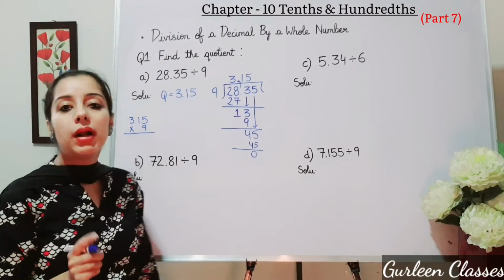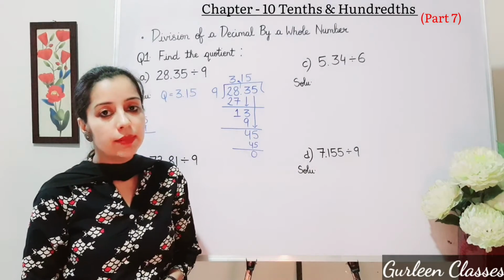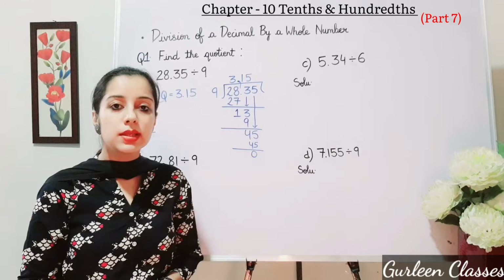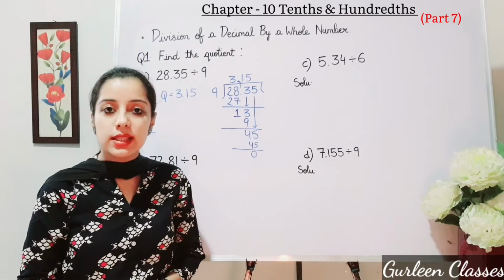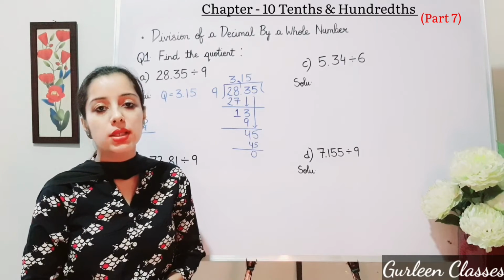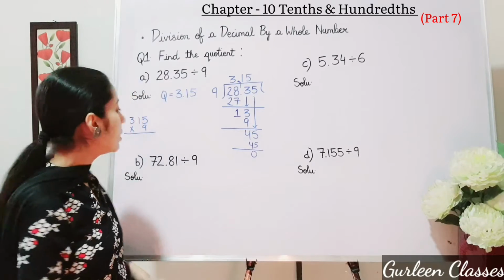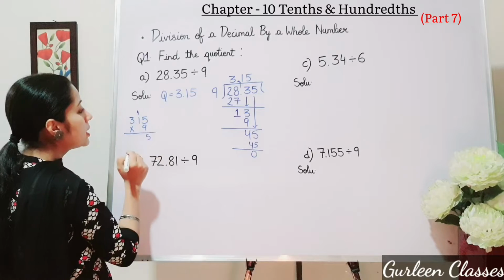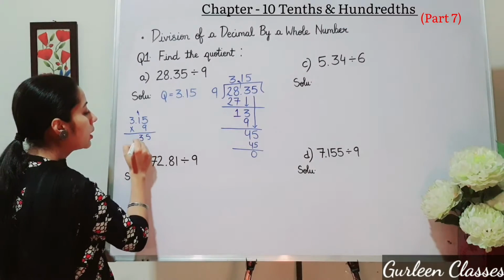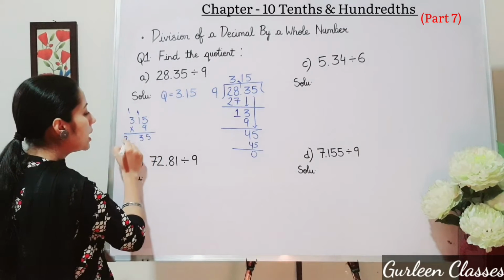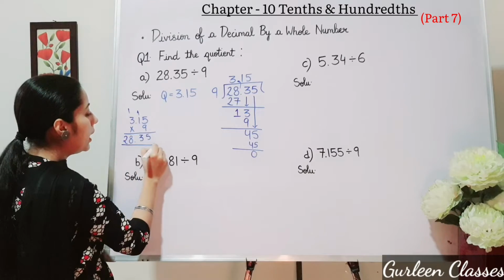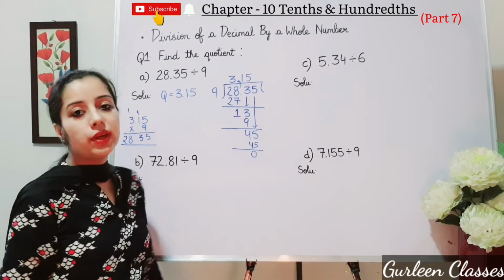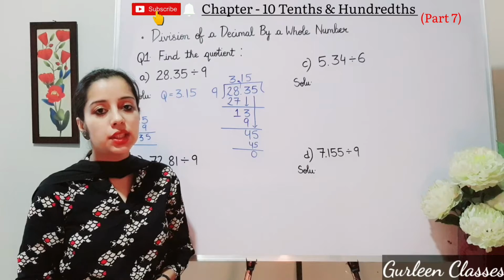I hope multiplication of decimals is clear. We have done multiplication of decimals in part 5. If you missed that part, you can check the description box. The link is there. So let us multiply here. 5 9s are 45. 9 1s are 9 plus 4, 13. 9 3s are 27 plus 1, 28. So 28.35. So yes, our division is correct.